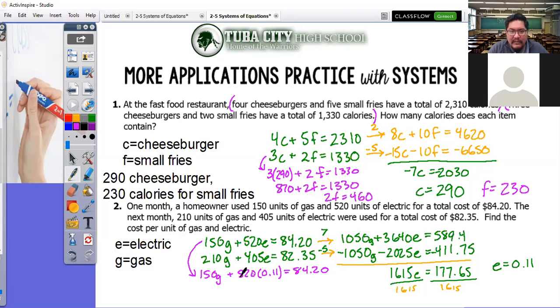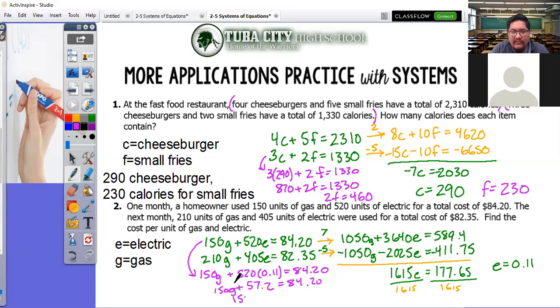So anyway, I'm going to go ahead and multiply this here. So 150G plus, and now we know that of this bill, this $84.20, $57.20 of that was the electricity. So if I want to find out how much the gas was, I'm going to have to ignore that cost here.